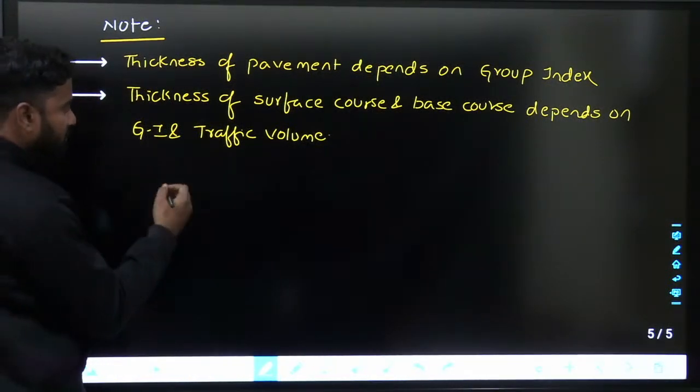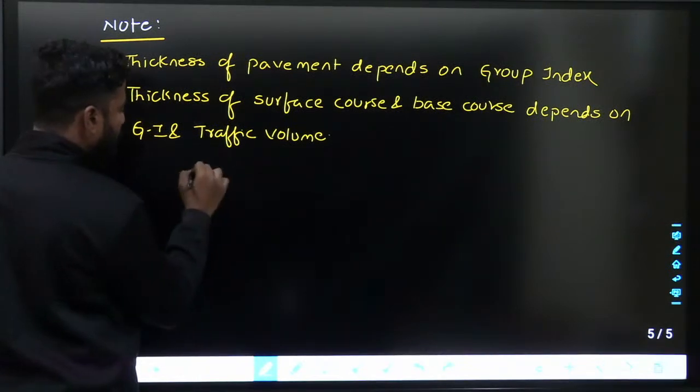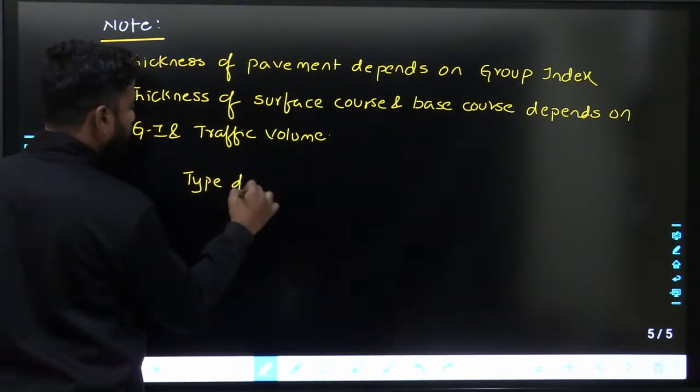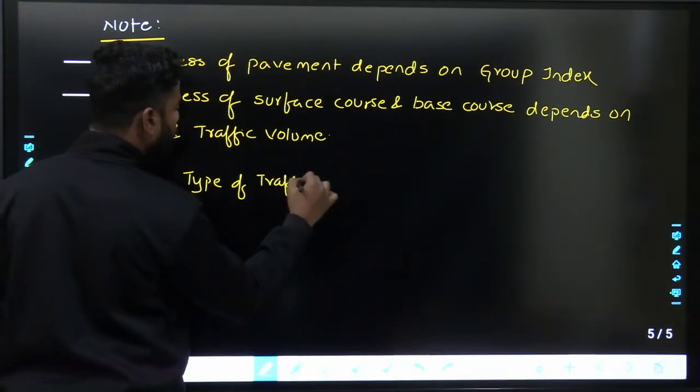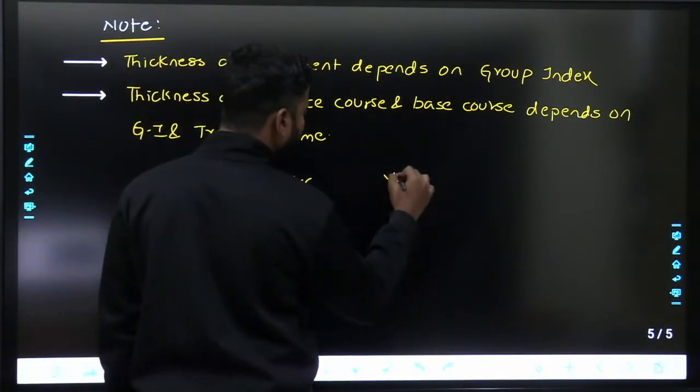And generally type of traffic, volume of traffic.